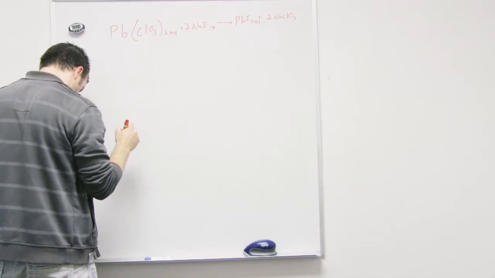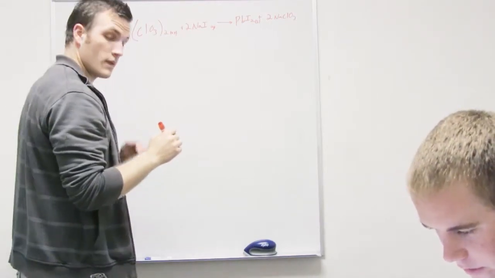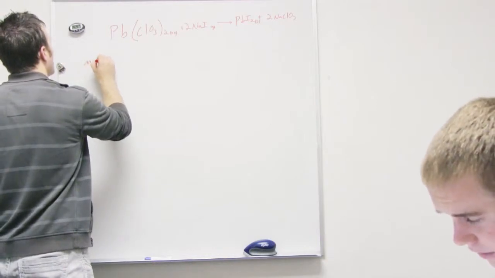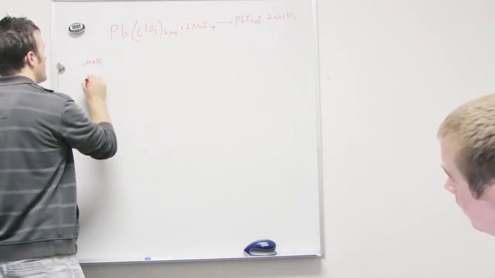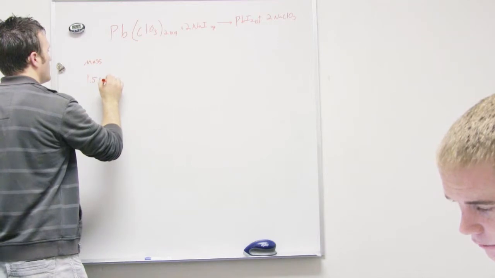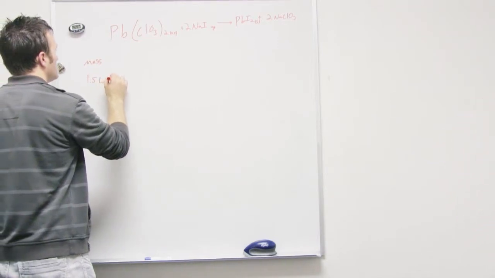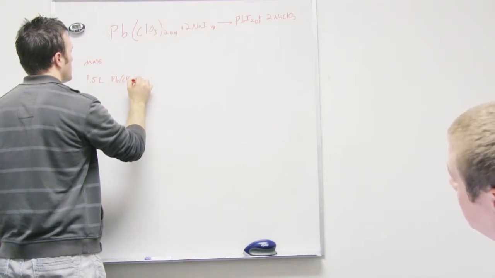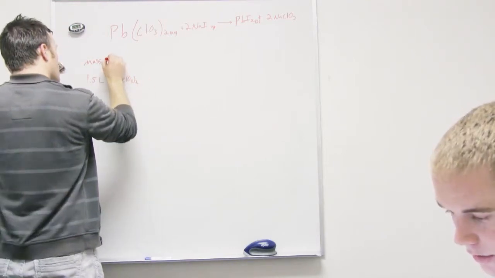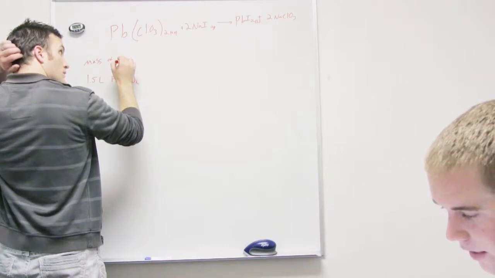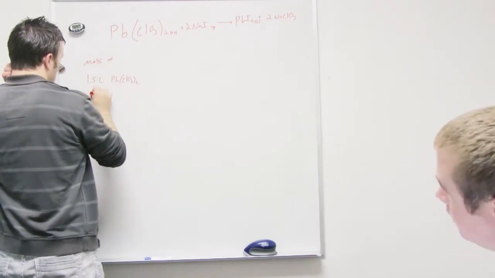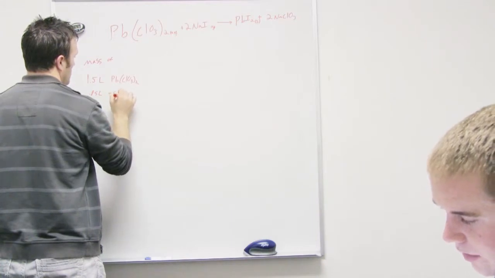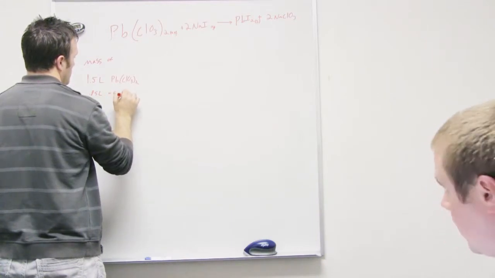It gives liters, so it asks for the mass of precipitate that will form if 1.5 liters of concentrated Pb(ClO3)2 is mixed with 0.85 liters of 0.23 molarity sodium iodide.